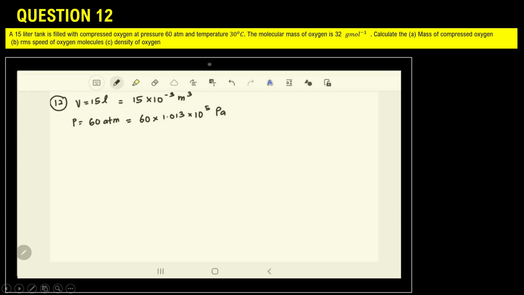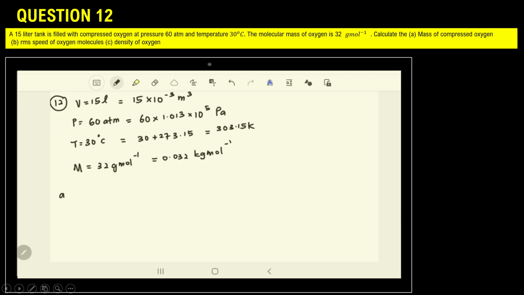Okay, and the temperature is equal to 30 degrees Celsius, and it's equal to 30 plus 273.15, so it will equal 303.15 Kelvin. Okay, so given that the molar mass is equal to 32 gram per mole, and it's also equal to 0.032 kg per mole. Okay, so now we want to calculate the mass of the compressed oxygen.